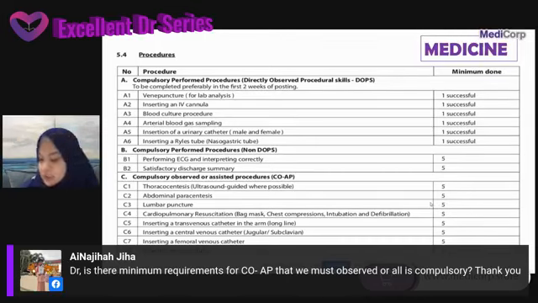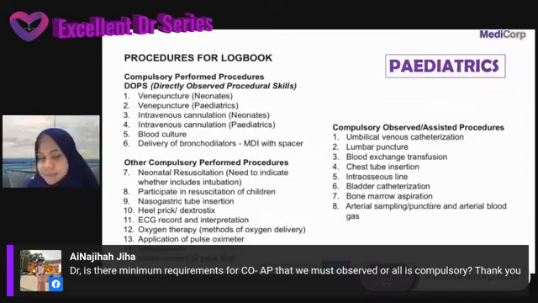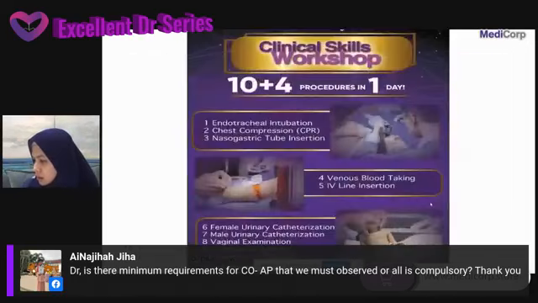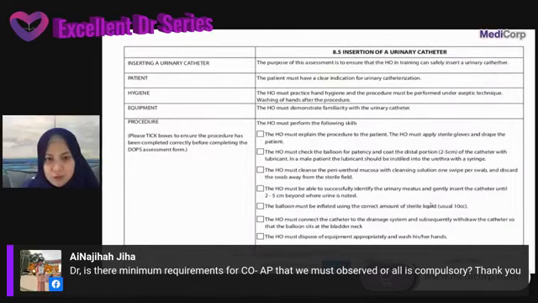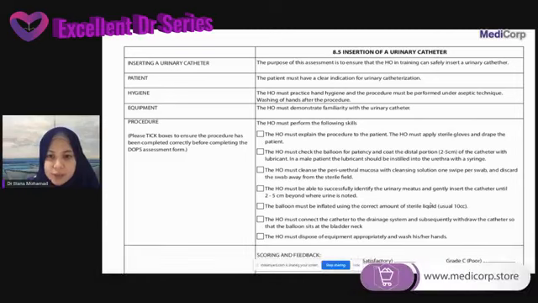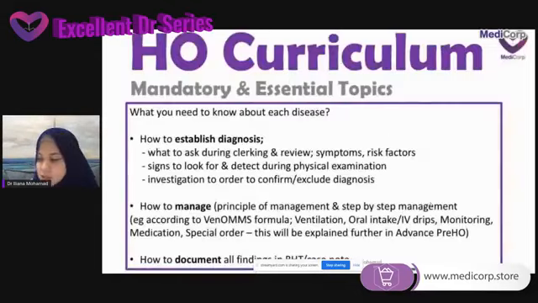You can see there will be tables in the logbook which mention how many times you need to observe or do each procedure. Okay, so if no further question about the procedures, let's move forward to compulsory topics or the HO curriculum.